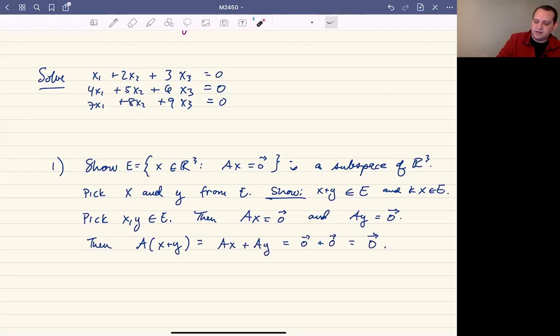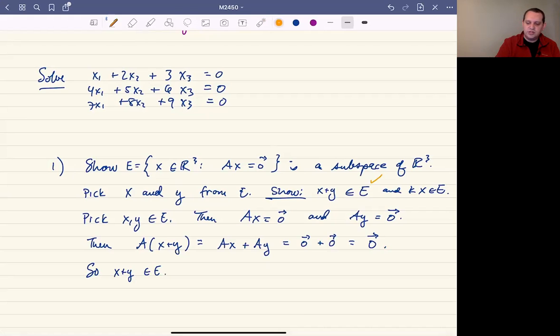And so it turns out that x plus y is also going to be a vector such that when you multiply on the left by A, you get the 0 vector. You need to make sure to say that correctly. So in particular, x plus y is in E, and this means that the first step is done, right? x plus y is in E.